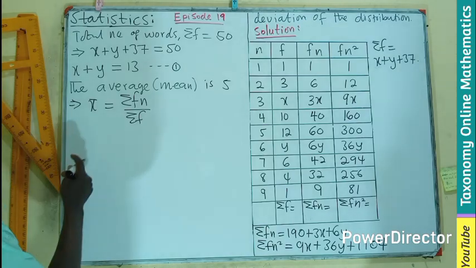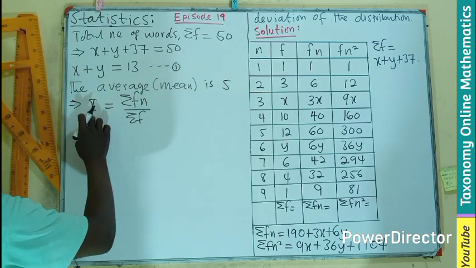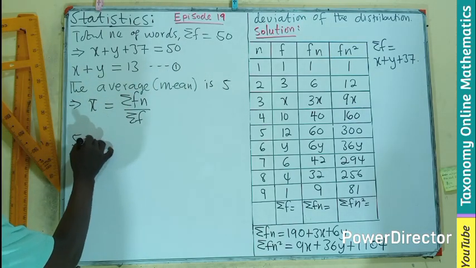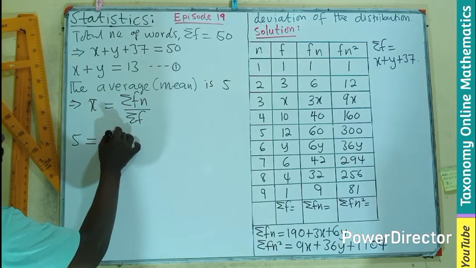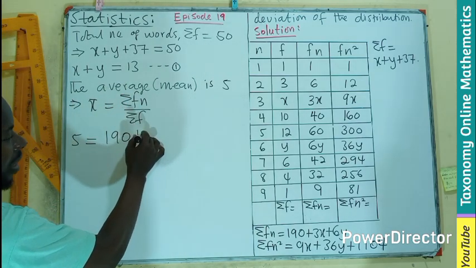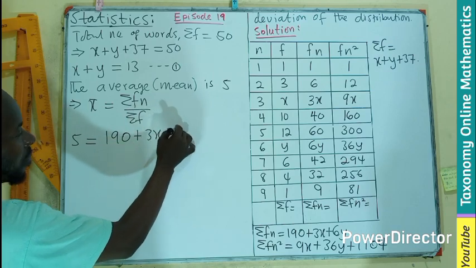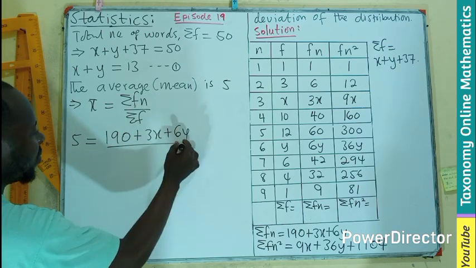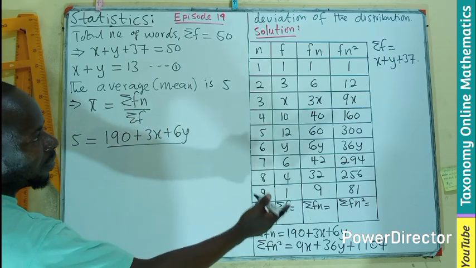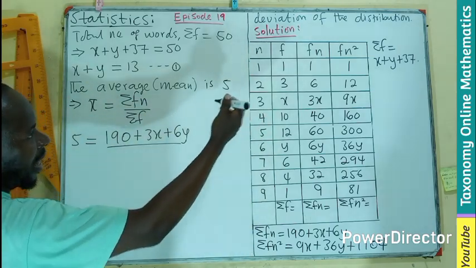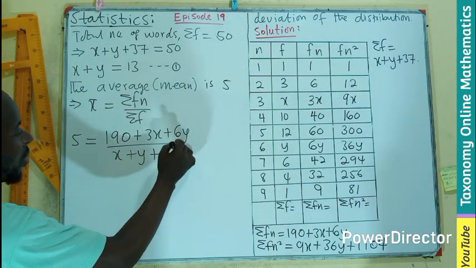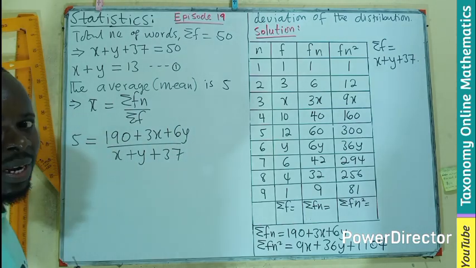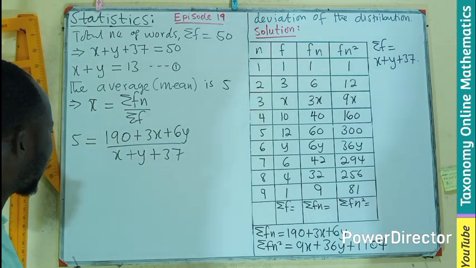So let's replace the 5 by the mean, meaning 5 equals sigma fn, which is 190 plus 3x plus 6y, divided by sigma f. I think sigma f is right there as x plus y plus 37.